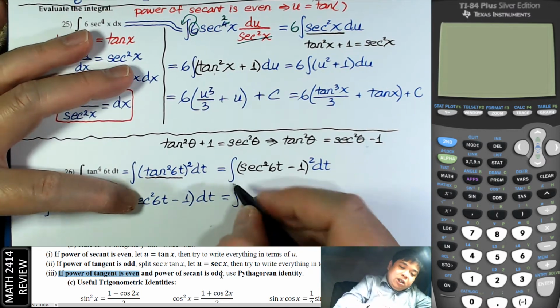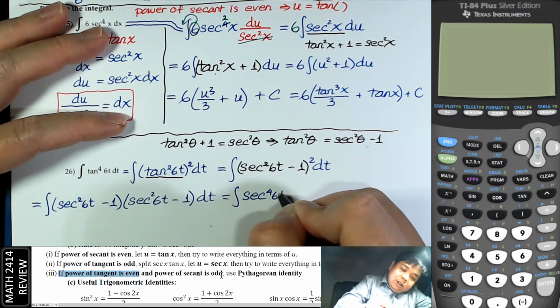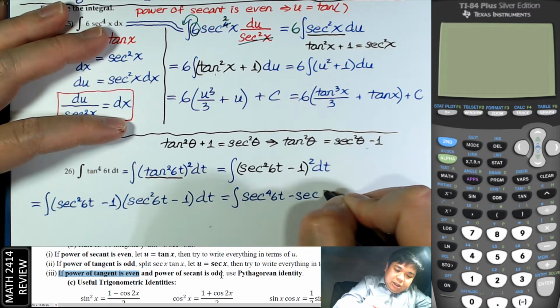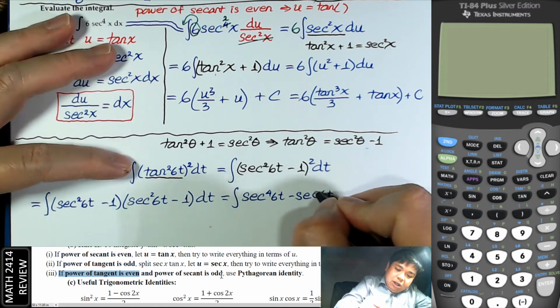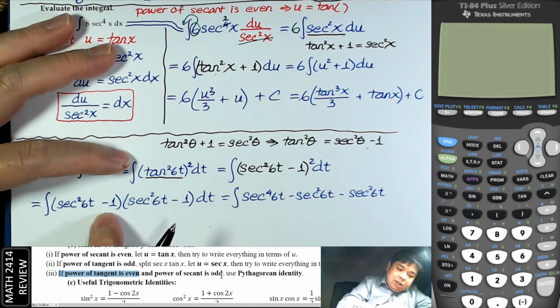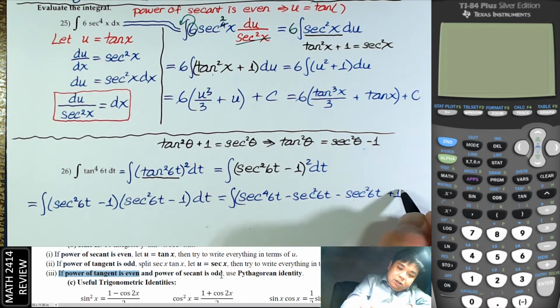Secant square times secant square, secant to the 4th of 6t, minus secant square of 6t, minus secant square of 6t, plus 1, dt.